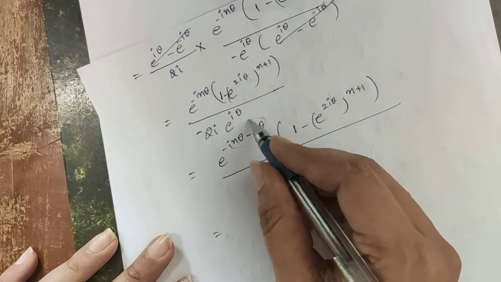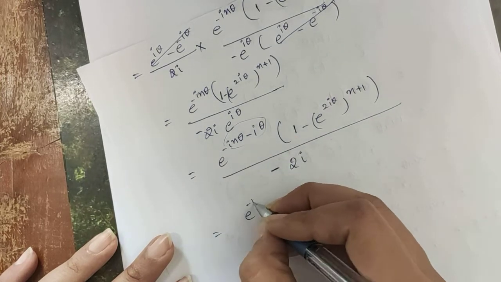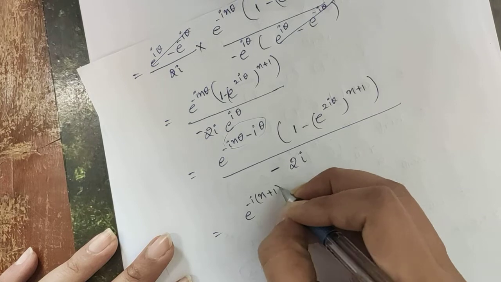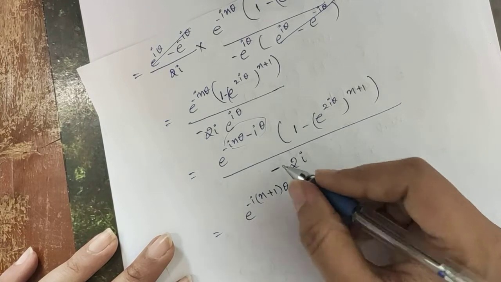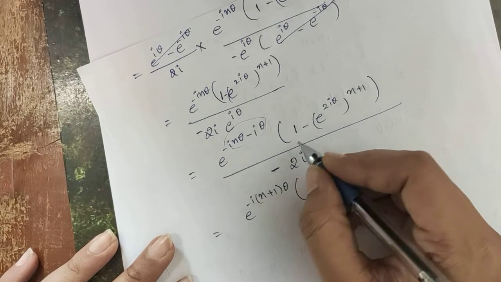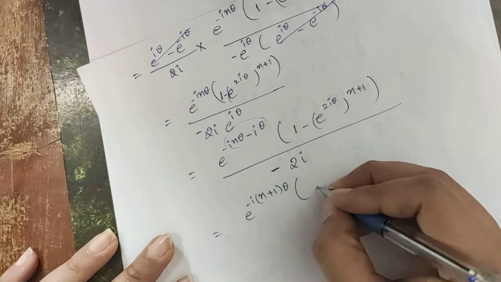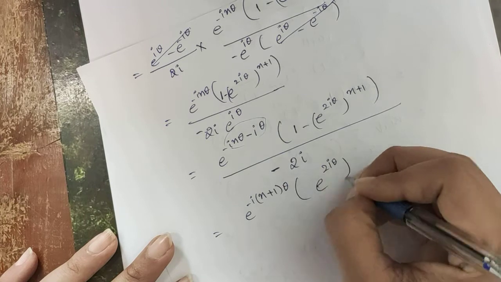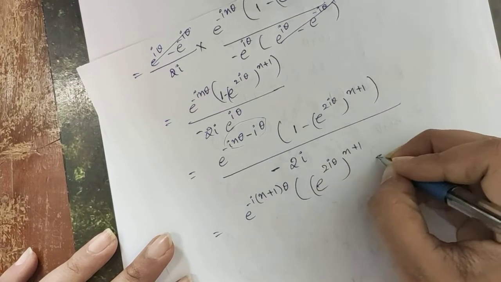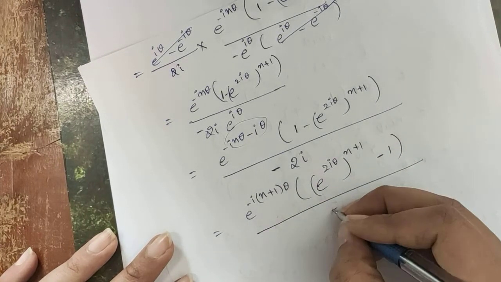So again I can simplify this as e power minus i into (n plus 1) theta into, if I multiply minus here, that means to both the terms, we will get (e power 2 i theta) whole power n plus 1, minus 1, divided by 2i.